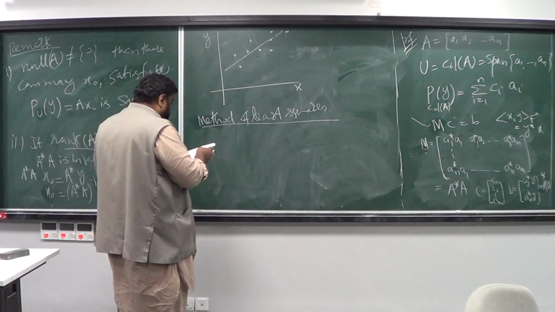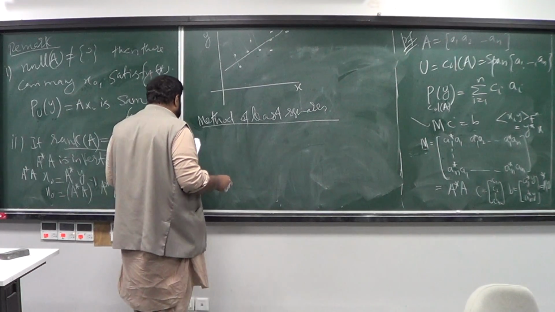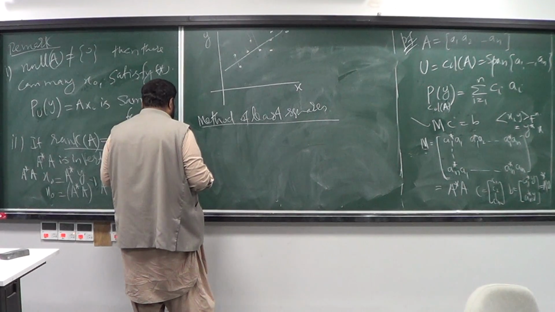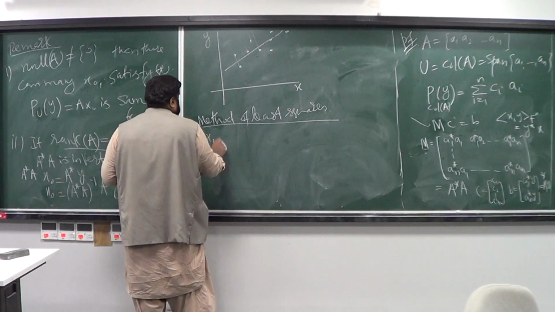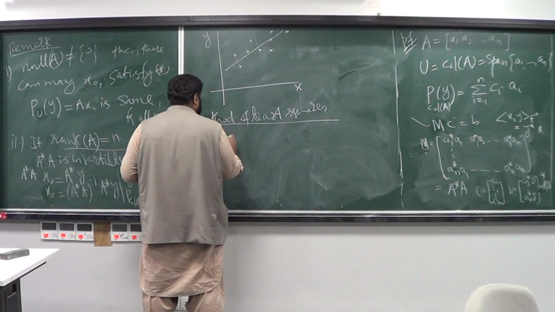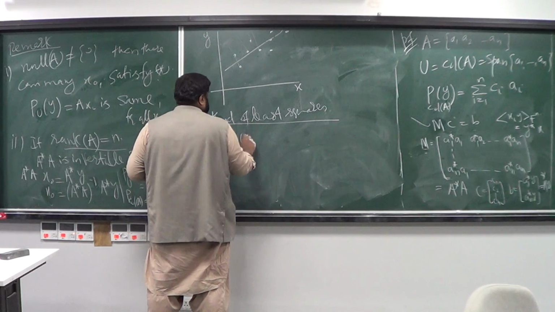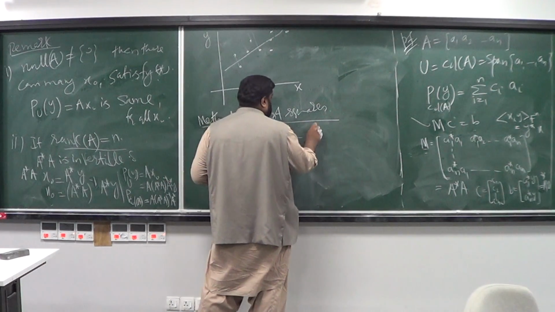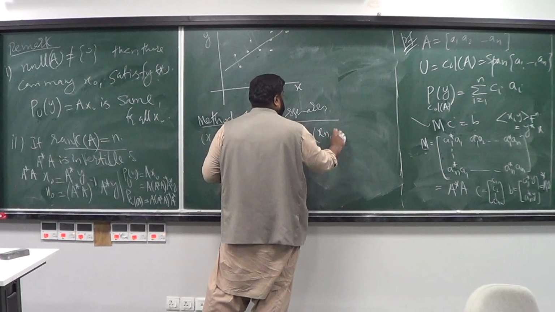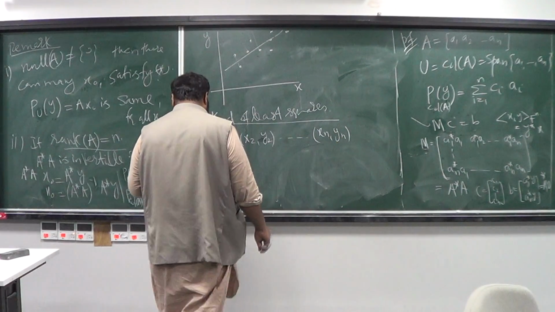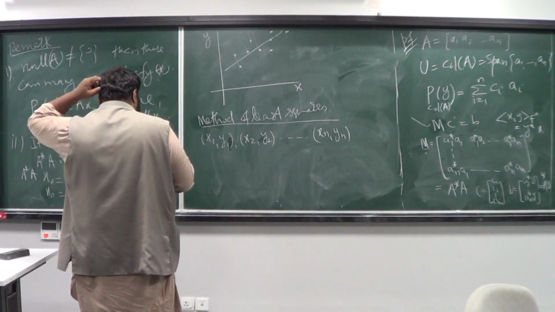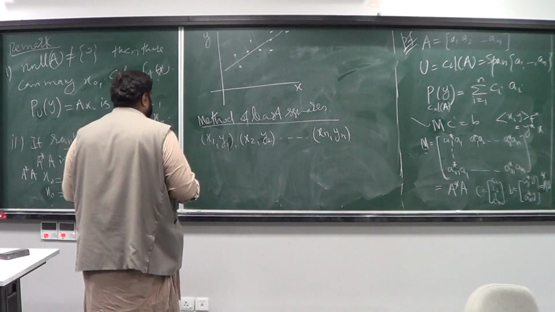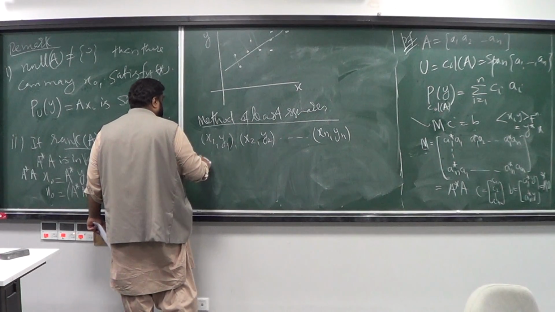So what does the method of least squares say? Imagine you have a set of points (x1, y1), (x2, y2), and so on, up to (xn, yn). These are the points in the plane. So what is our goal?